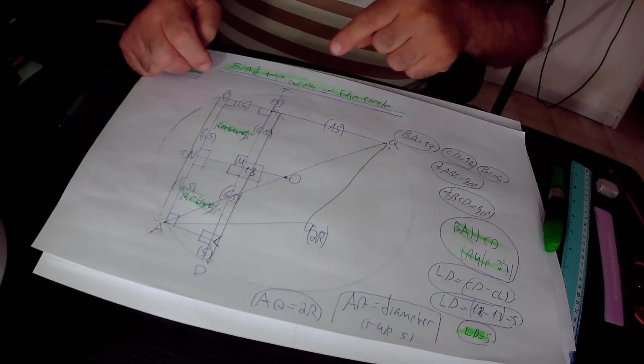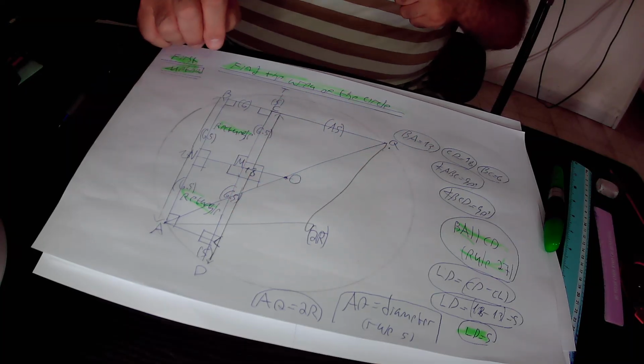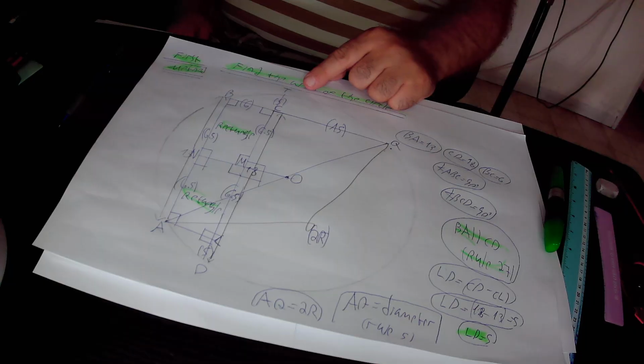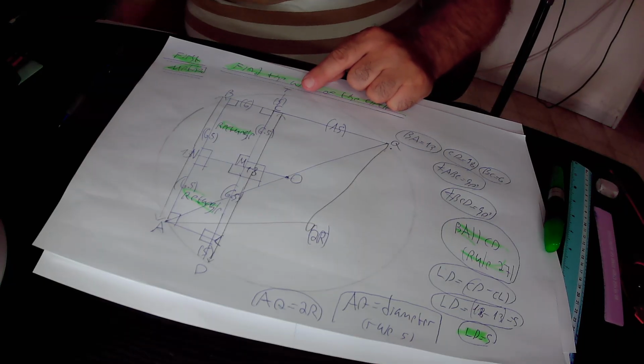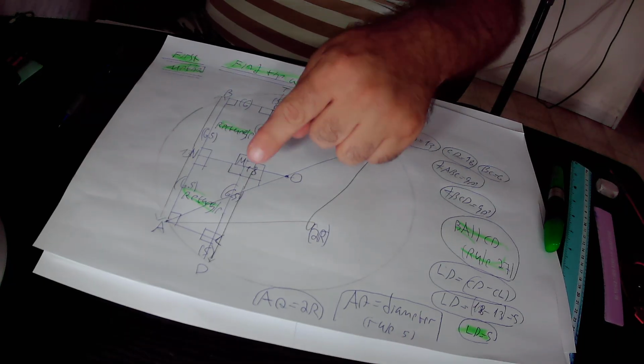In the next step, we extend line DC by a straight line until it touches the circle, and we define the touching point of the extended line DC with this circle.